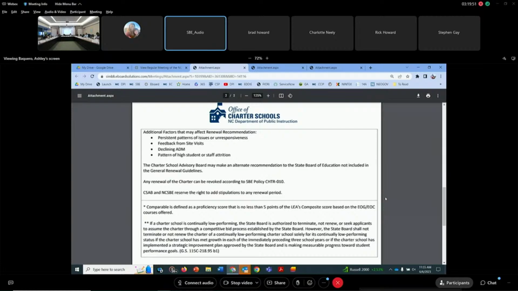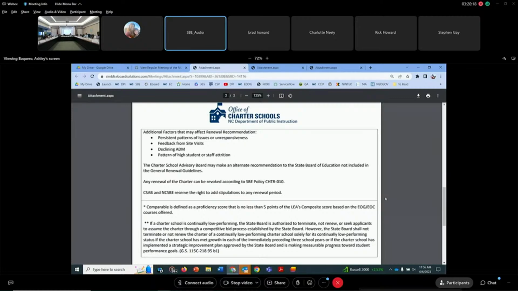Originally in that paragraph was the persistent patterns of issues or unresponsiveness, feedback from site visits, and then we also added the bullets of declining ADM, and then patterns of high student or staff attrition, so that you all can take that into consideration, if you choose. So those were the changes made from last time. If there is any discussion or questions.